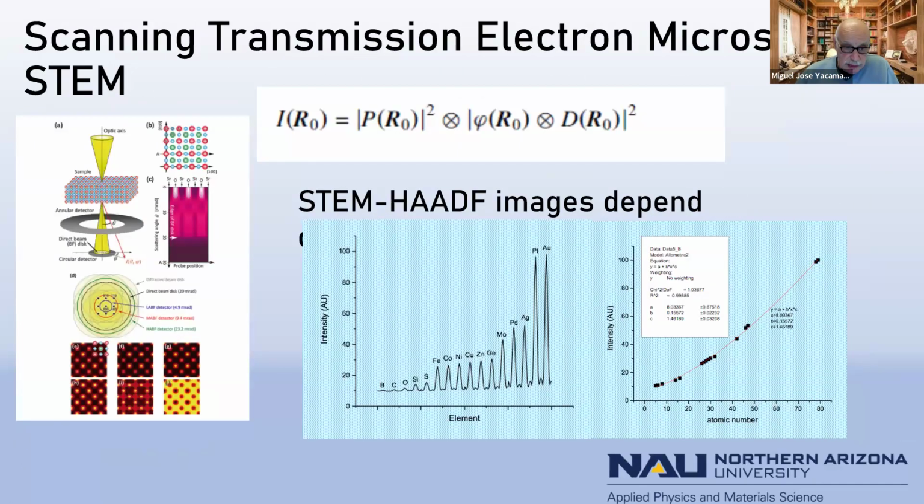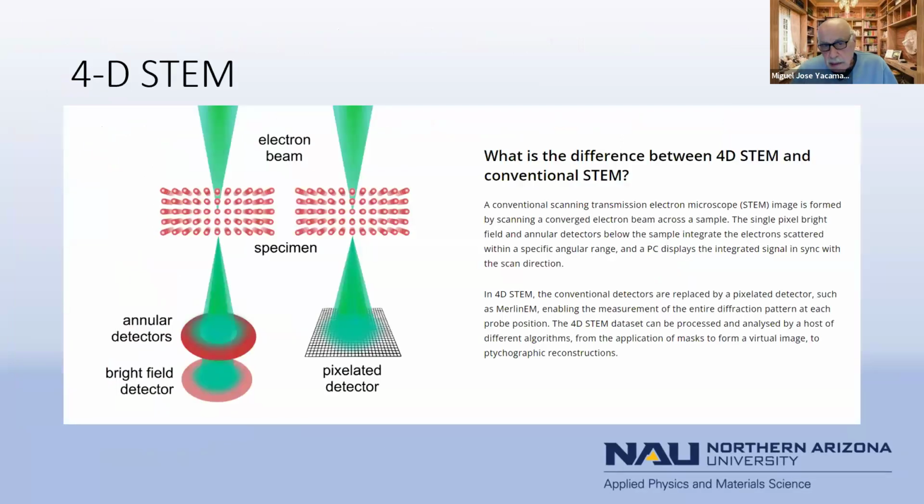Okay, so it's kind of chemical analysis. But now the big difference is what is called four-dimensional STEM, in which you have a pixelated detector, and then you really probe the sample three-dimensionally. Okay, so you make a three-dimensional map of the sample, and that is one of the big advances now in electron microscopy.